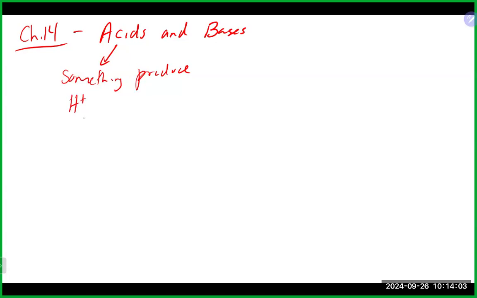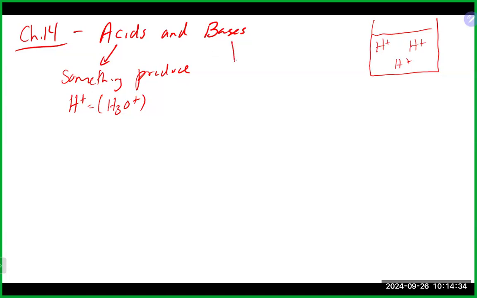Remember as well, H plus, which is a proton, a hydrogen ion, and also H3O plus, which is the hydronium ion, are essentially the same thing. So they can be used interchangeably. And what we're talking about when we talk about an acid, that ability is again to produce that H plus that is free floating in the solution, not attached to anything, just the ability to release that into the solution so that those H pluses or H3O pluses are basically floating around.